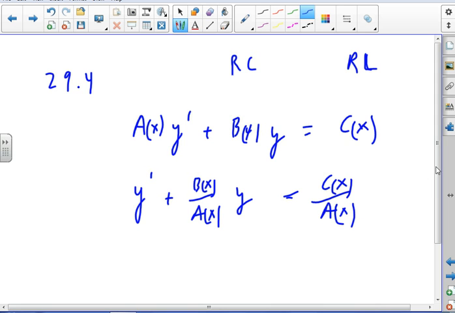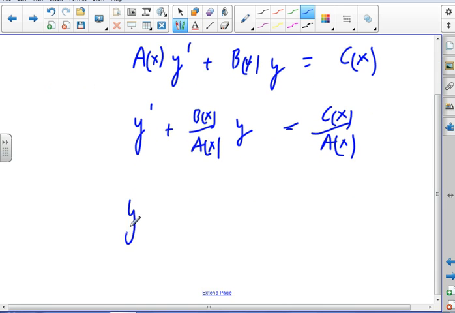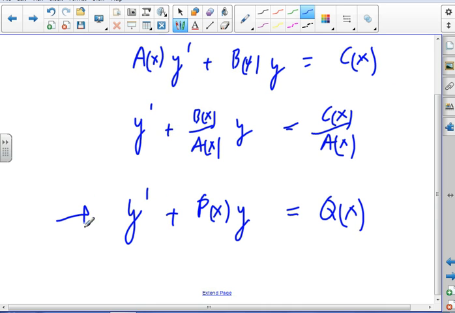Then I'd change it so that it is y prime plus P(x) y is equal to Q(x). So if I had something in front of the y prime, I would divide everything by it and get into that form.